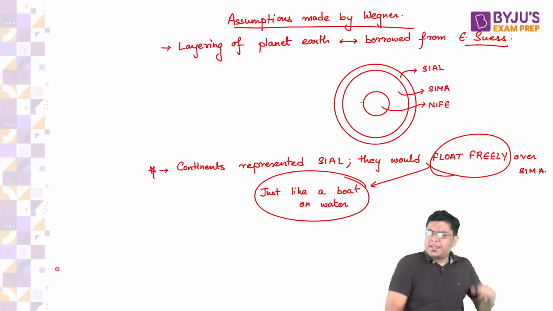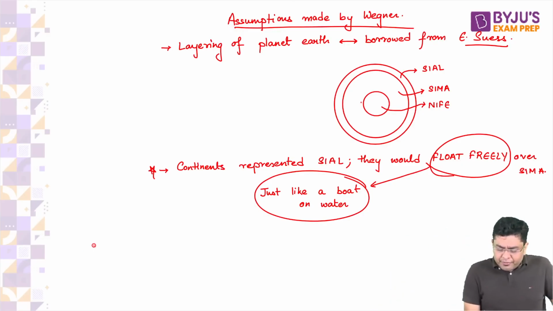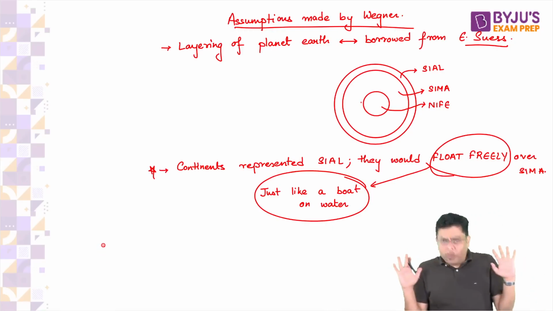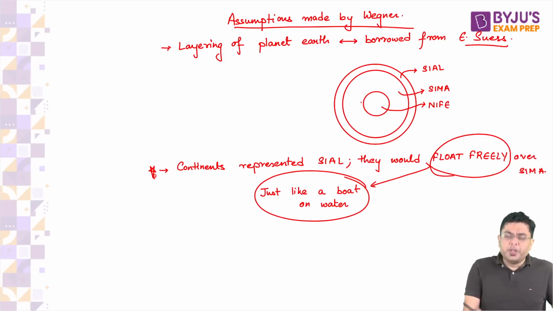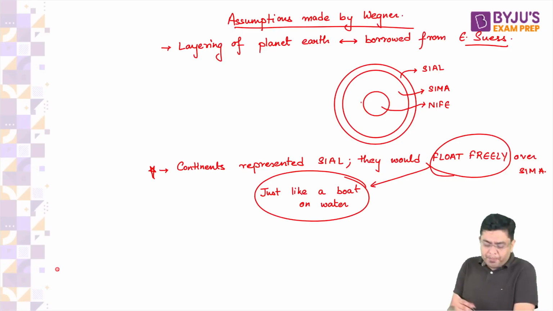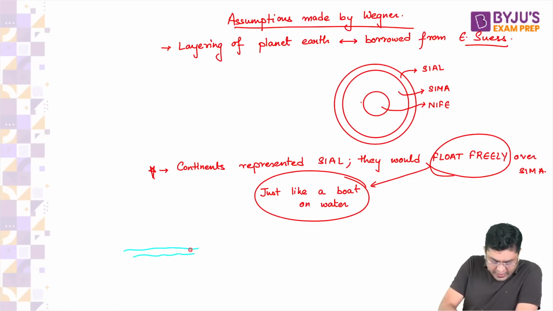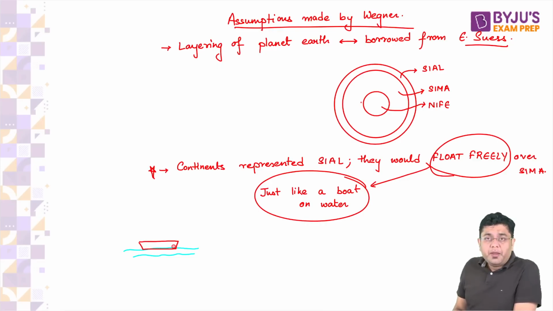But you need to understand one basic fact, so that you are able to understand the reasons easily, otherwise the reasons don't make any sense at all. If you understand this assumption, you would know where Wagner is coming from. So if you assume that you have a significant amount of water, and you have a boat floating on that water, then the boat is free to move anywhere in any direction. Along with that, the boat also experiences an upward force.